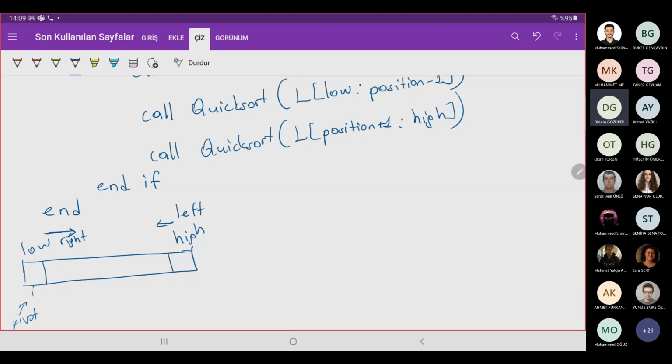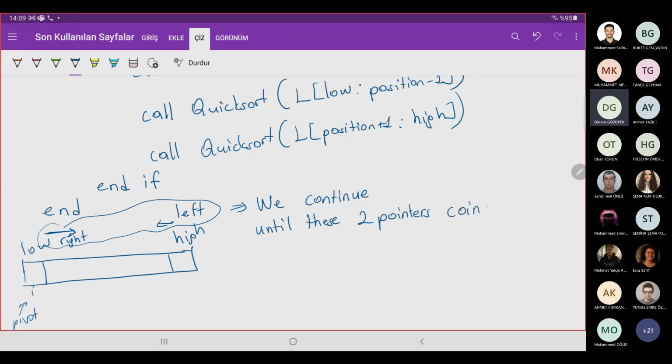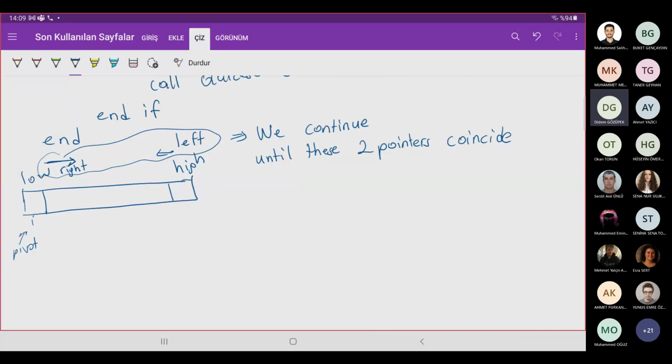So we continue until they coincide with each other, okay? We continue until these 2 pointers coincide. So one of the elements in the list is selected as the pivot element.